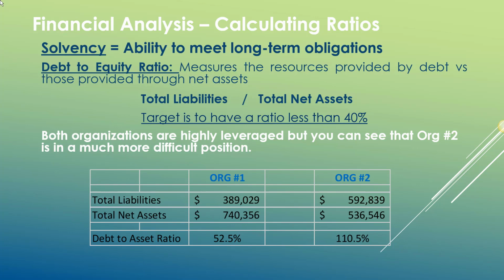So again, you can see that organization two is going to have a more difficult time in its operations. But even organization number one has some work to do. And how did I get that net assets number? Hopefully you'll see that from the very beginning when we said that assets are equal to liabilities and net assets, you'll see how I could arrive at the total net assets number for each organization.